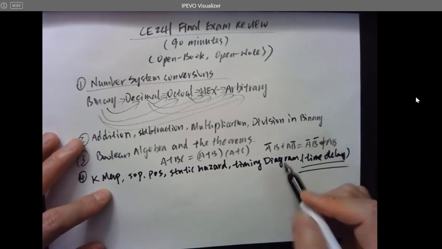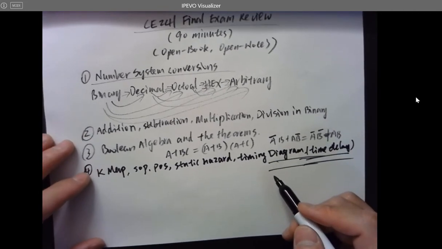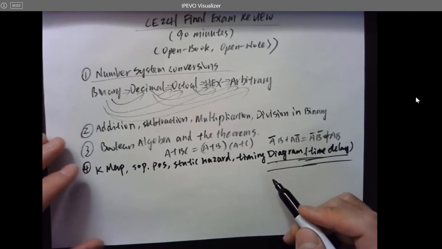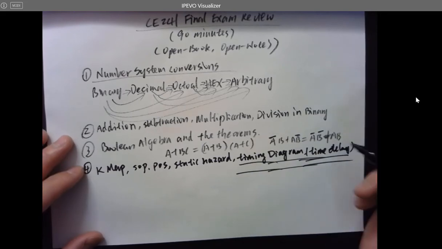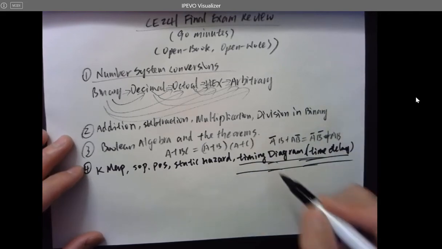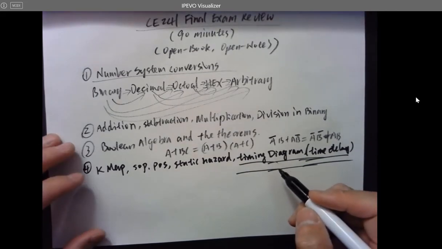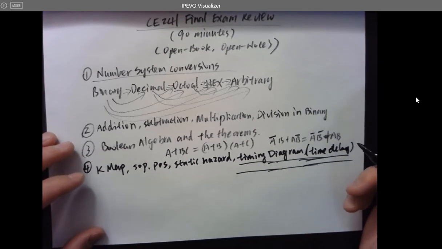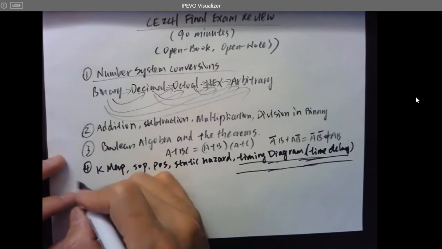You may see something a little bit more difficult than what you saw in your homework assignments, but it's a similar principle. You're using the same methods to solve another problem which is a little bit different, maybe just more gates. This kind of problem itself is not that difficult. You just need to understand the theory behind it. If I add more gates and make the circuit a little more complicated, you just do it. That's K-map, SOP, static hazards, 1 or 0 hazards, and timing diagram.